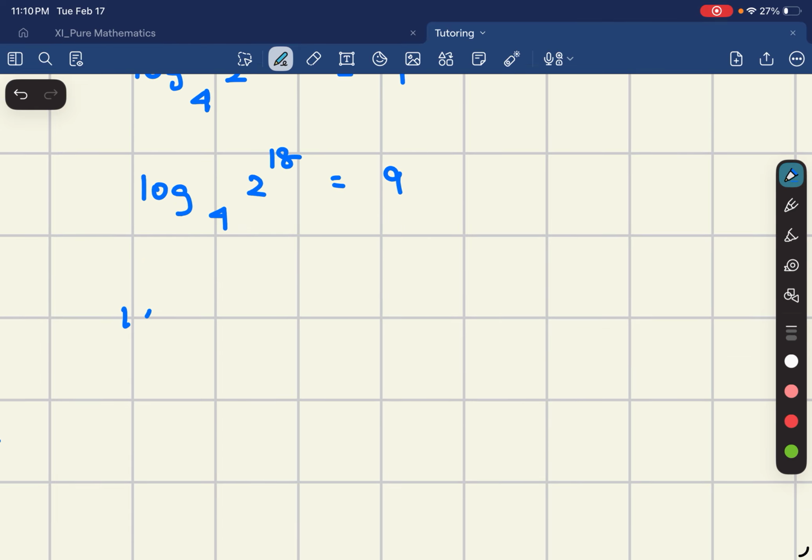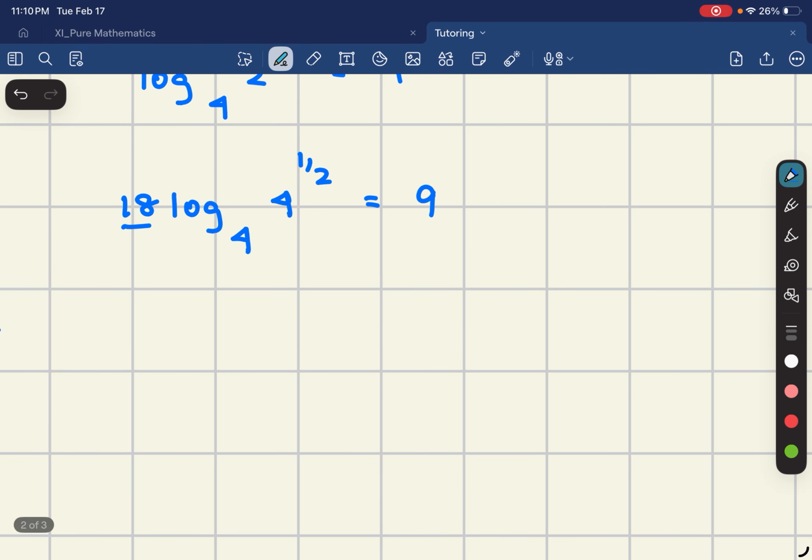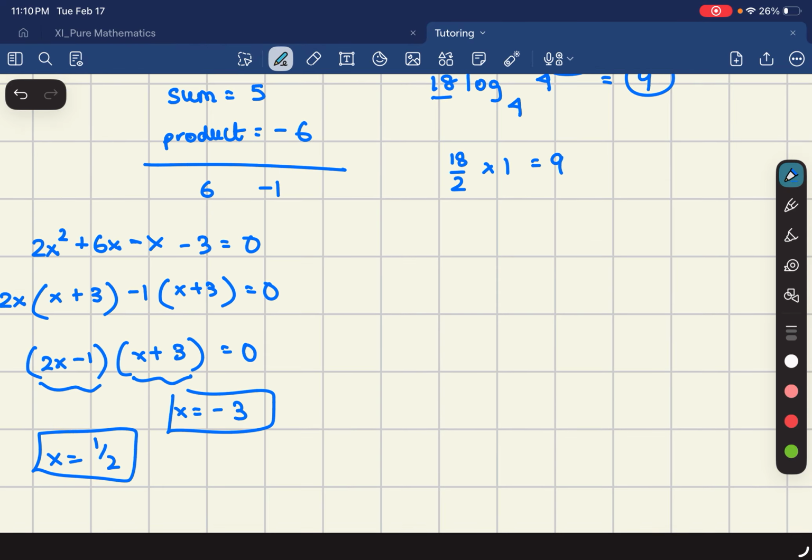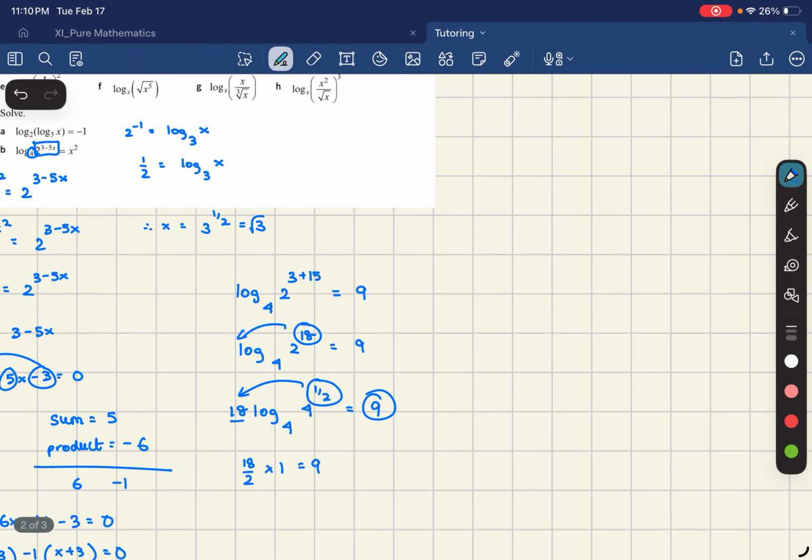And that is 18 log base 4 of 4 to the half power, right? I know I did a lot of things very quickly. What I did, I brought this to the front. So I have 18 here. Log base 4, and 2 is just the square root of 4. So I wrote this. And when you bring this number to the front as well, you have 18 over 2 times 1, which is 9, which is exactly this value.